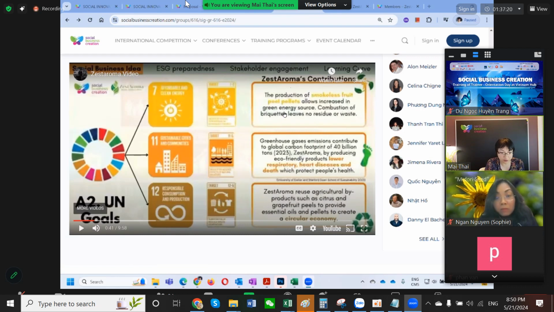So if you want to sell your product based on the value that it is a combustion without residue and it doesn't cause waste, okay? Then which customers, which country or what group of people would care about this smokeless? So it could be people in urban areas where smoke is causing problems, look at the condos.